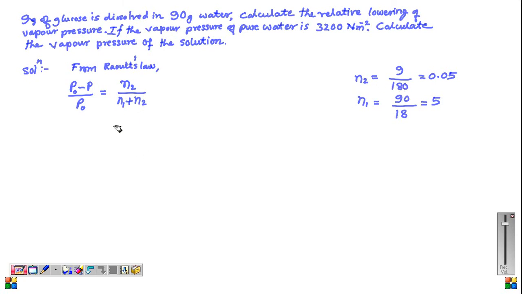Now N2 by N1 plus N2 is equal to 0.05 divided by N1 plus N2. N1 is 5 plus N2 0.05, that is equal to 0.05 divided by 5.05, that is equal to, if you use the calculator, 0.05 upon 5.05, 0.0099.